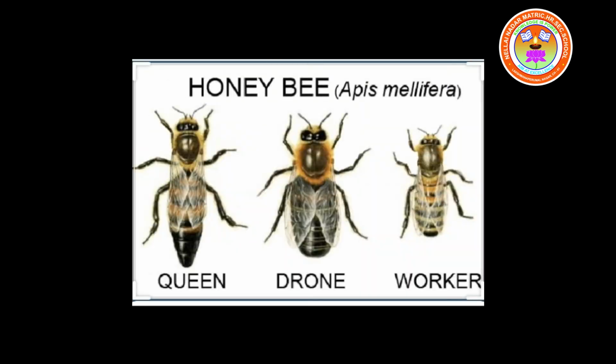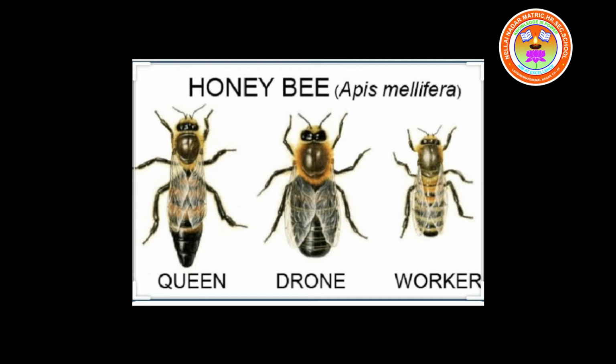Next, worker bee. So it is sterile female bee, smallest member and responsible for carrying out various functions: collect honey, clean the comb, defend the hive, maintain the temperature of the beehive. So these are all the different types of honey bees: queen bee, drone bee, worker bee.